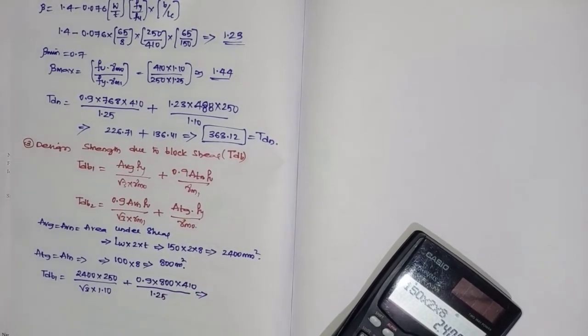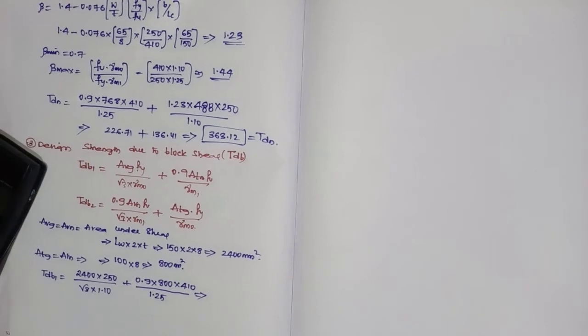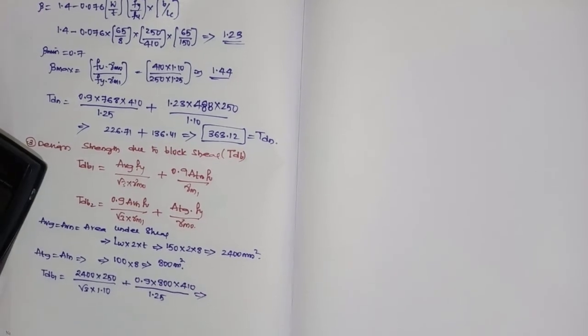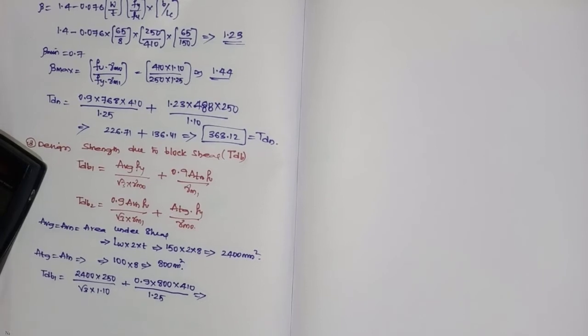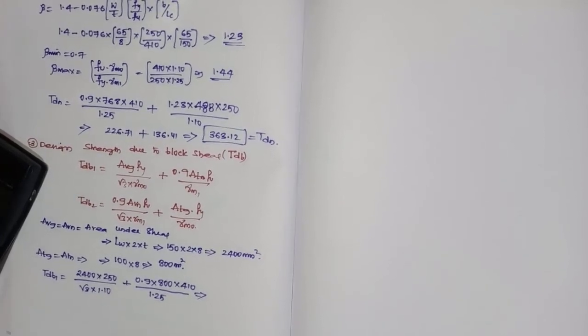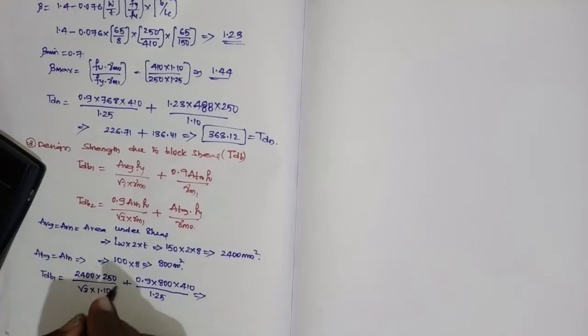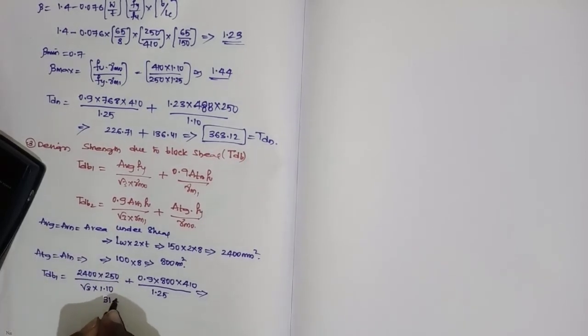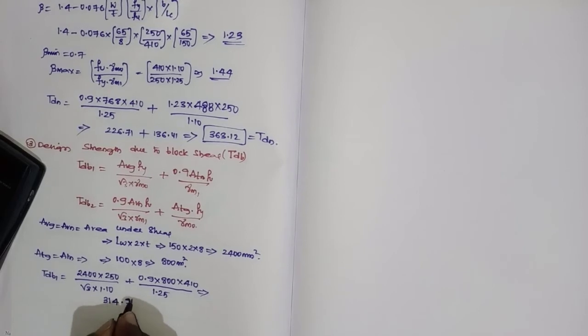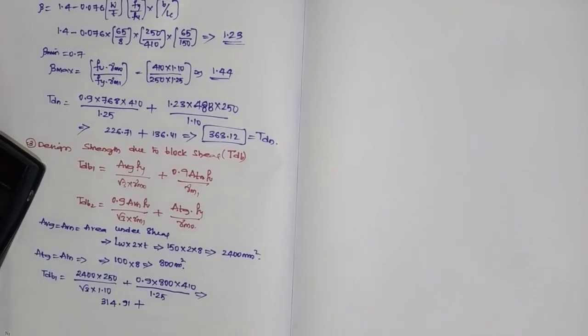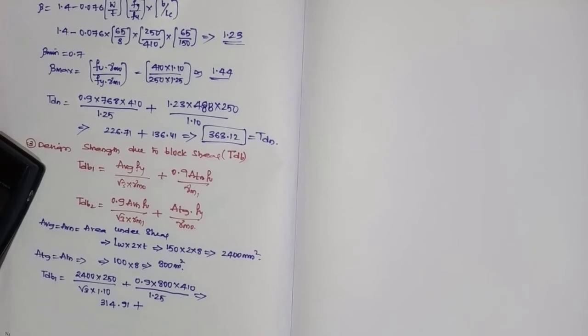Okay, we'll solve here. 2400 into 250 divided by root 3 into 1.10. How much are you getting? This is 314.91 kilonewtons plus 0.9 into 800 into 410 divided by 1.25.